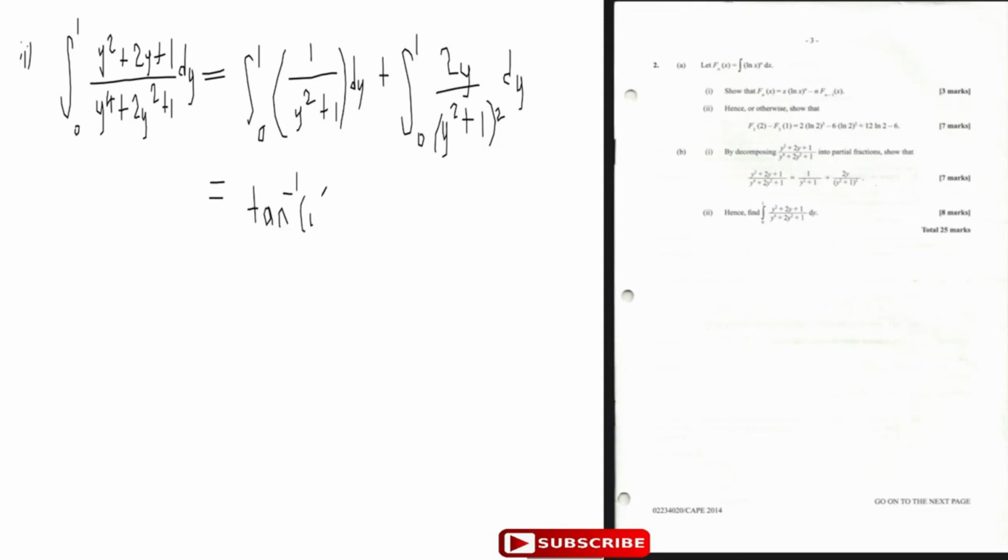So it's going to be the integral of this dy plus the integral from 0 to 1 of 2y over y squared plus 1, all squared. Let's knock out these integrations. When you integrate 1 over y squared plus 1, it's going to be tan inverse of y from 0 to 1.